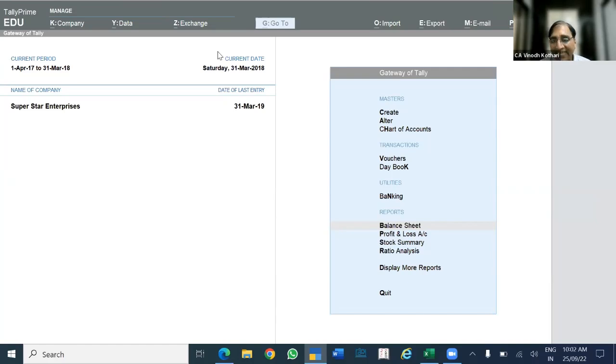Now, if it is credit, what entry will you pass? Credit purchase, so purchase to sundry creditor. Very good. So purchase to sundry creditor is the entry you are going to pass. Purchase, debit all expenses, credit the giver.